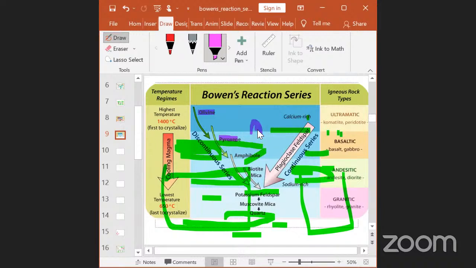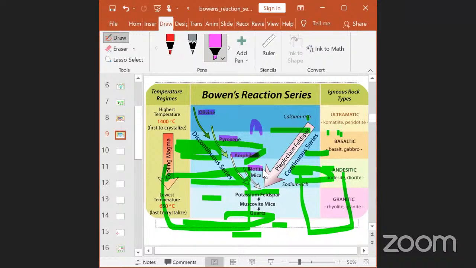So, as the cooling continues, that pyroxene will turn into amphibole. The last part of the discontinuous series: this amphibole will be turned into biotite, right? So that is officially the end of the discontinuous series.